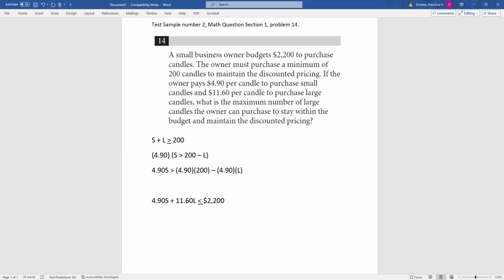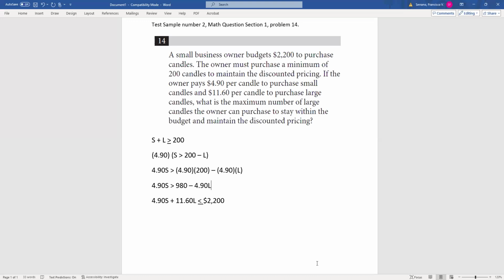So rewriting, because I want the 4.90 S, is greater than or equal to 4.90 times 200, which is 980, and negative 4.90 times L is negative 4.90 L. Okay, so I'm almost there. I have the first part. Let me annotate things here.